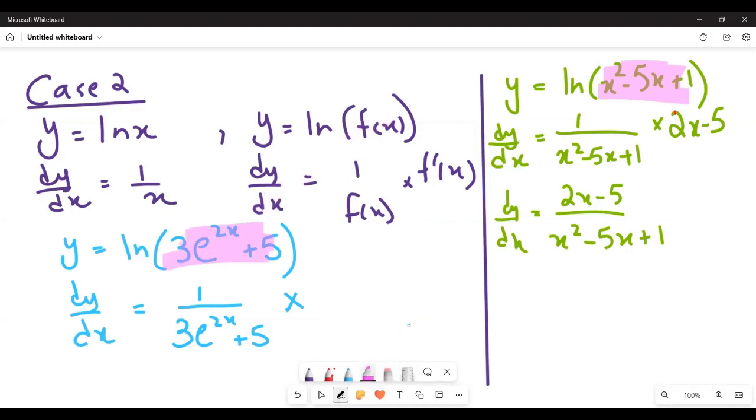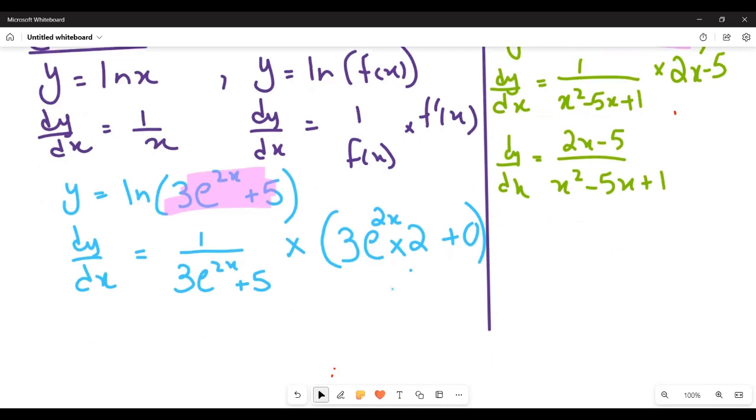The derivative of this is going to be 3 times the derivative of e power 2x. e power 2x is still e power 2x, but since this is f(x) and not just x, we multiply its derivative as well, which is 2, and then plus 0. So we have 6e to the power 2x in the numerator upon 3e power 2x plus 5.